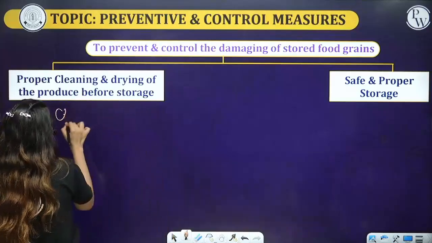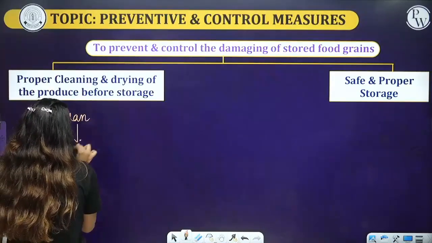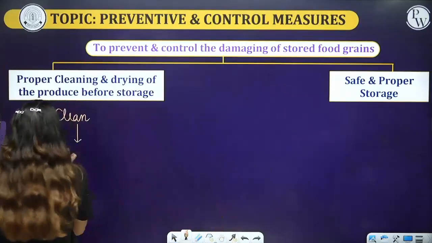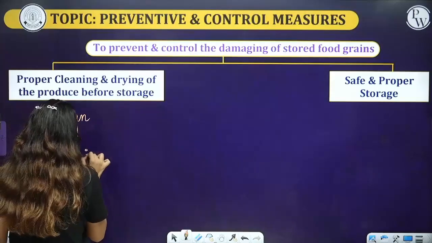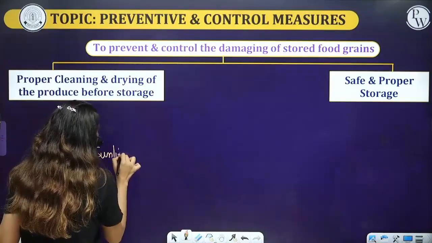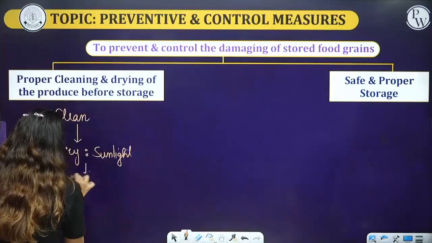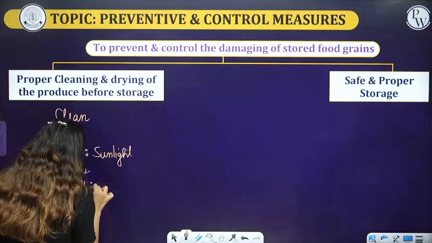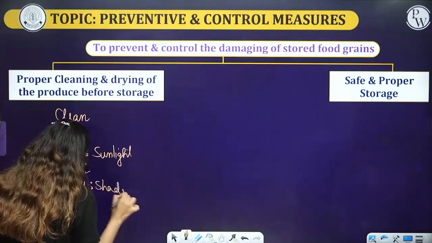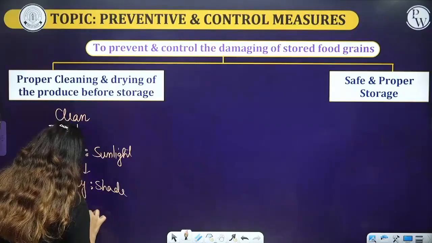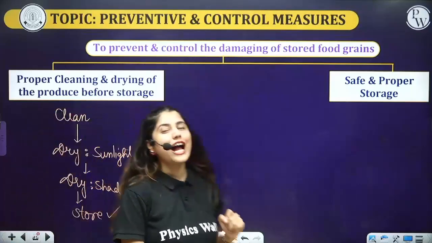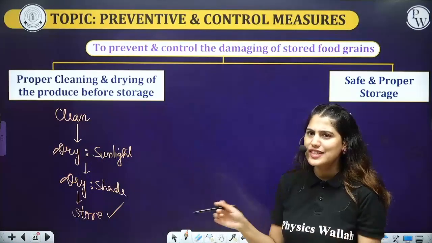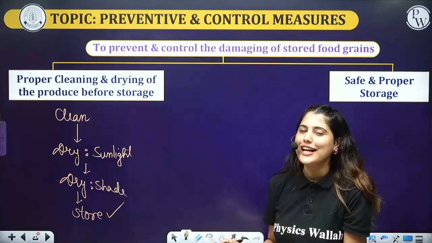First clean it, then we're going to dry it. Where are we drying? We are drying in the sunlight. Then we are going to dry it in the shade, and ultimately we are going to store it, right? That is the procedure followed. You must have seen your mothers cleaning your grains, right?